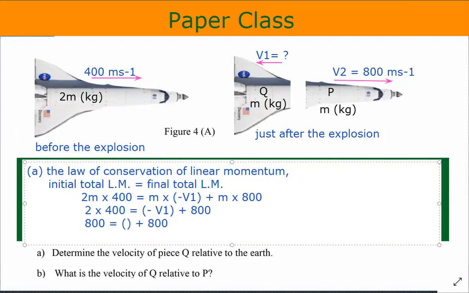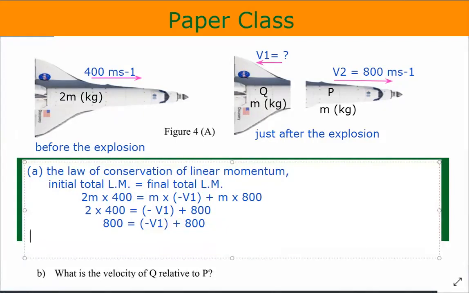So what should I do next here? I can take this minus v1 to the other side. Then minus v1 will be, Lamai? Plus v1. Plus v1 equals 800. What about this 800 here?